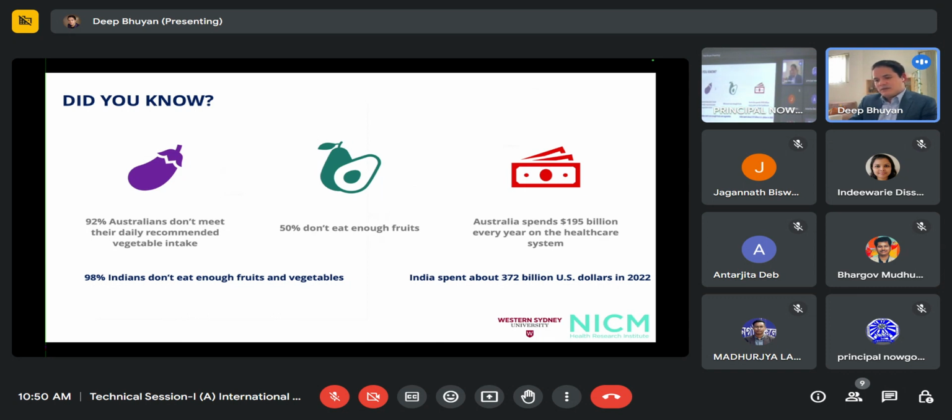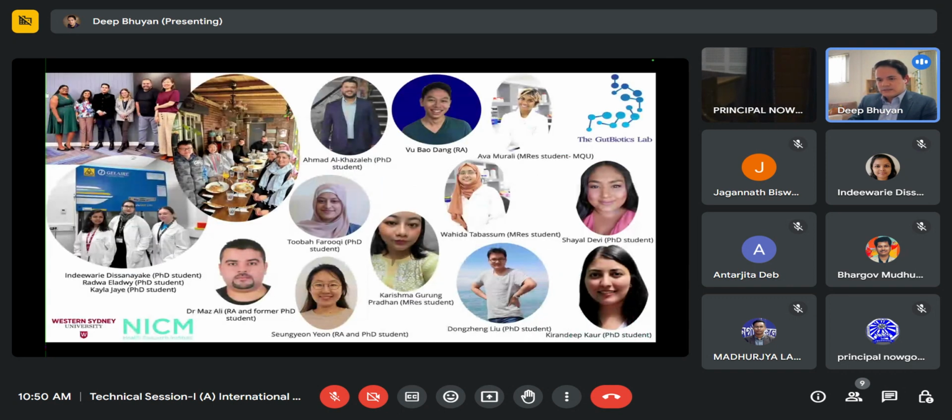Whereas in India, it's even worse. It's about 372 billion US dollars that was spent in 2022. So those are big numbers, right? And there's a correlation, because many people are not eating healthy and not eating enough fruits and vegetables. There's an increased burden on the healthcare system because of the chronic and other diseases, okay, and metabolic diseases.